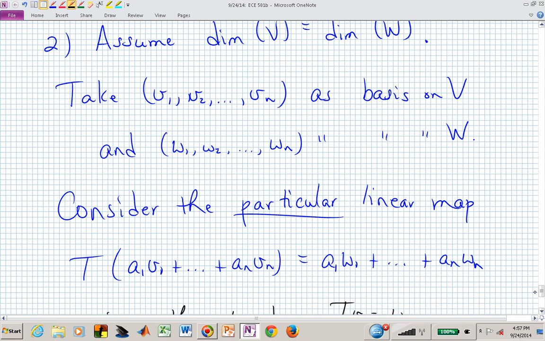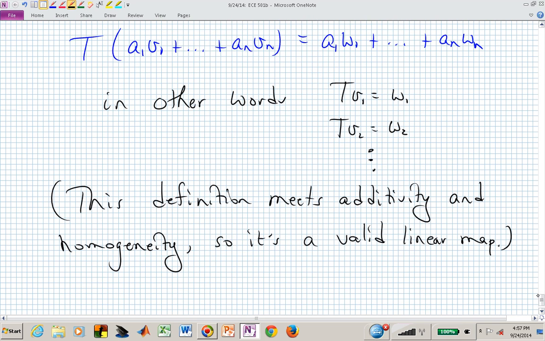So we started with the dimension of V being the dimension of W. Now we have these basis vectors that are equal in number. We have n of those. We've now created a particular linear map. T operating on a vector v is equal to another vector w.